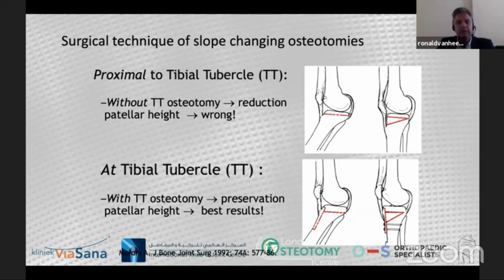The preferred method for me is to do a tibial tubercle osteotomy. And that means that you do a total tuberosity osteotomy, you reflect the tuberosity upwards, you mark where the tuberosity came from in the proximal part, and that's here, the proximal part, you mark it on the bone, so you can always find back where it was.